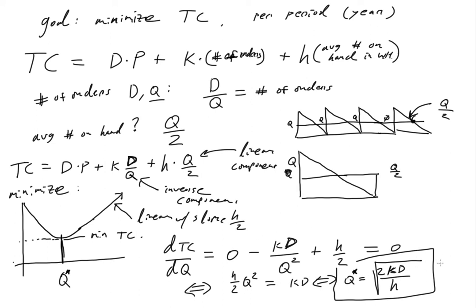So this is what they call the economic order quantity, EOQ. And it is one of the classic examples of using calculus in a business context for managing the orders in a context of an inventory management system.